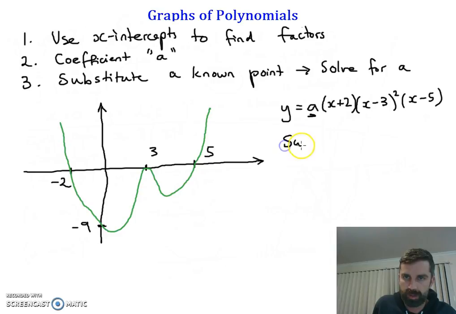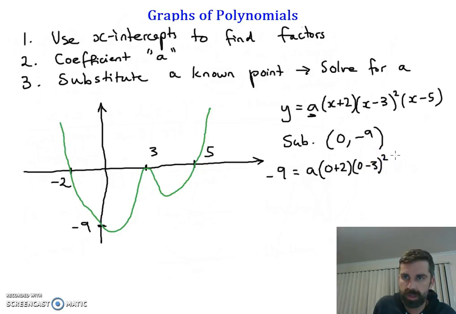So I'm going to substitute 0, -9. So that means that I'm going to write -9 instead of y, equals a times 0 plus 2, 0 take 3 squared, 0 take 5. So -9 equals a times 2, -3 squared is 9, times -5.